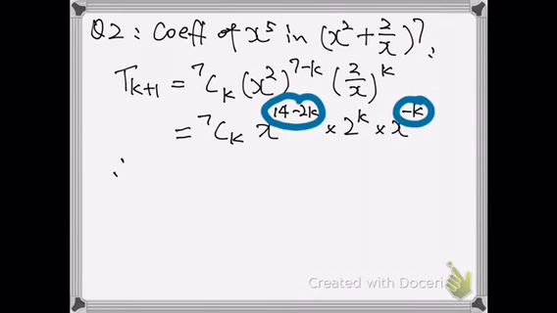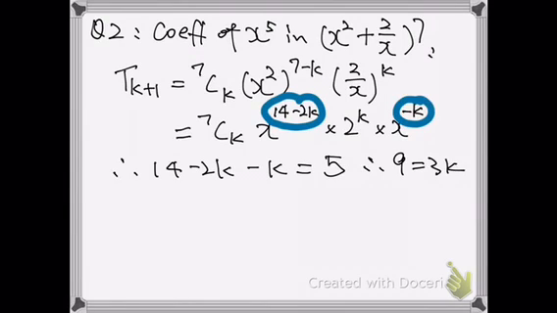So therefore, we say 14 minus 2k minus k needs to equal 5. So 14 minus 3k, so 9 equals 3k, alright? So therefore k equals 3.